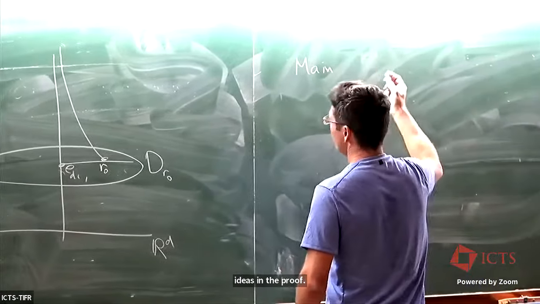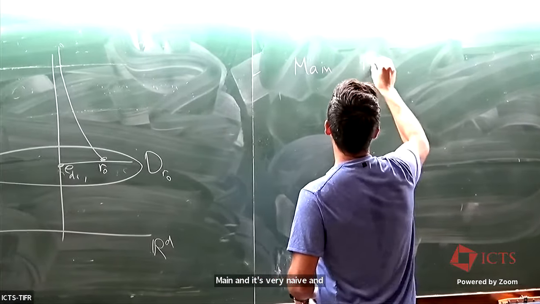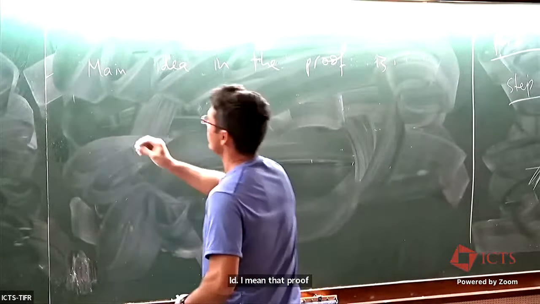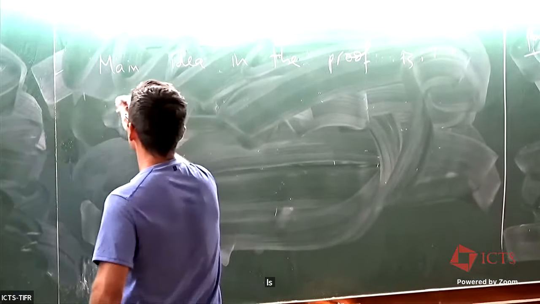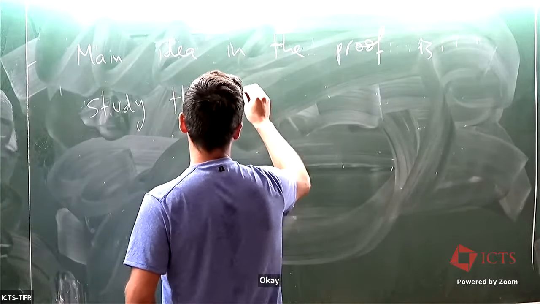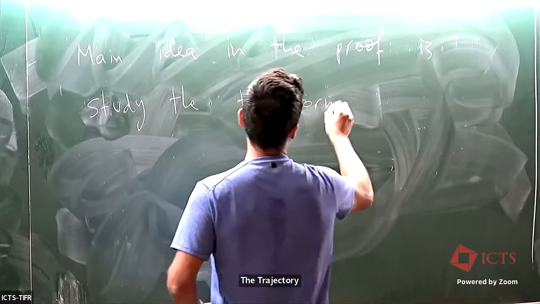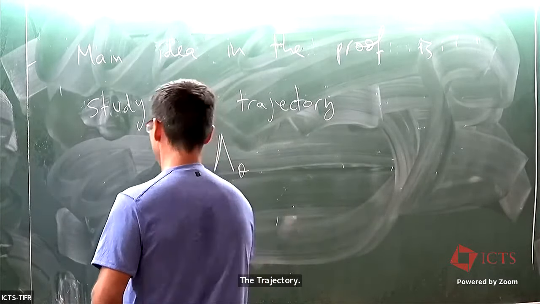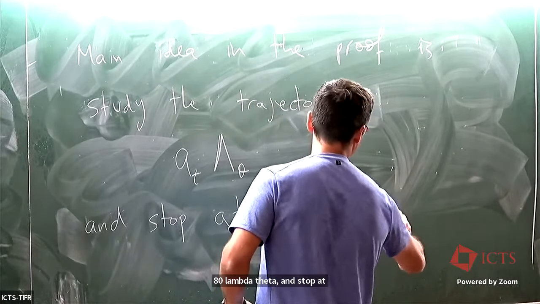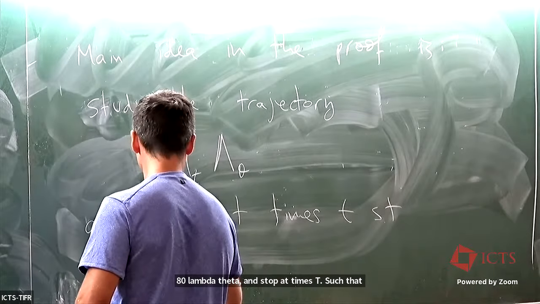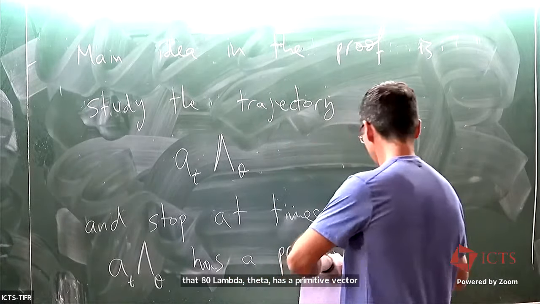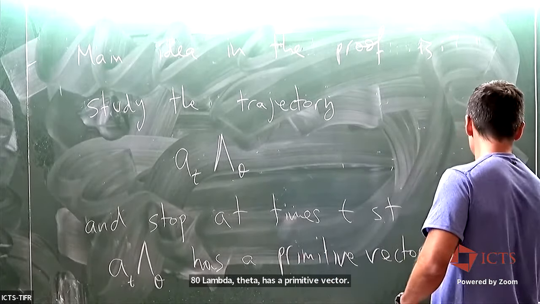Main idea in the proof, and it's very naive and soft, you must agree, is to use or study the trajectory a_t Λ_θ, and stop at times t such that a_t Λ_θ has a primitive vector in D_{R naught}.